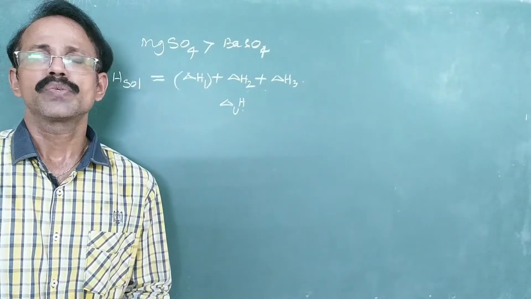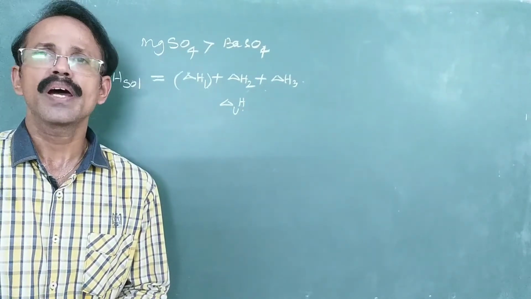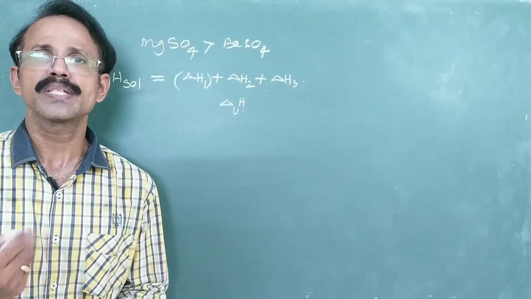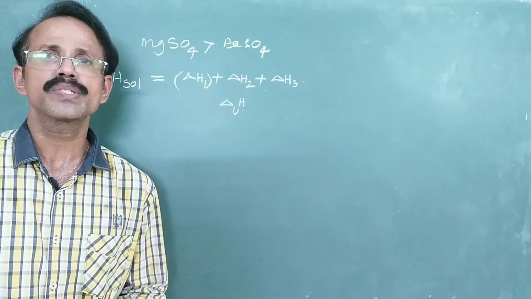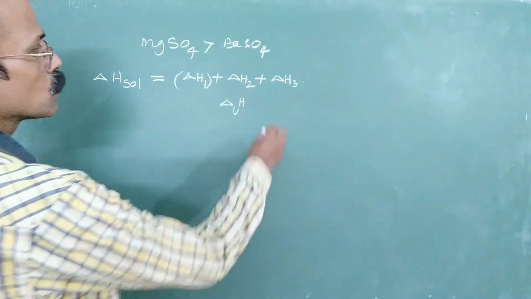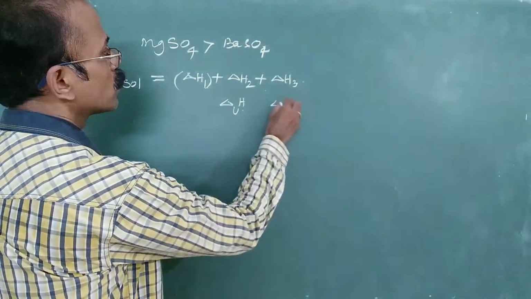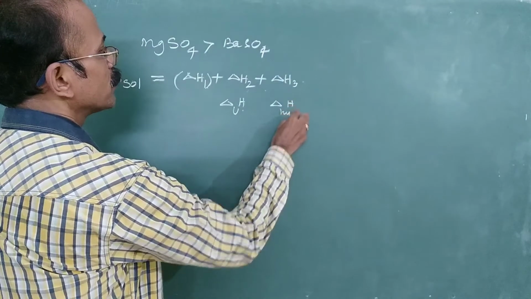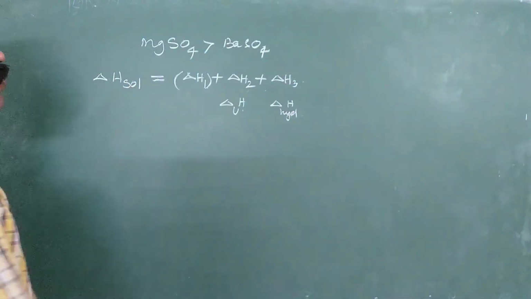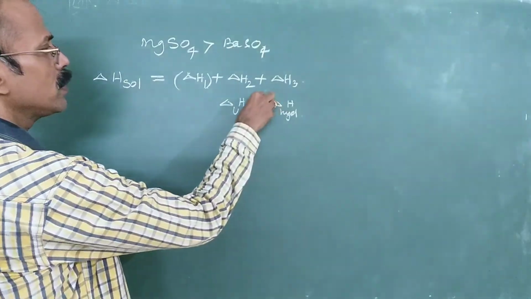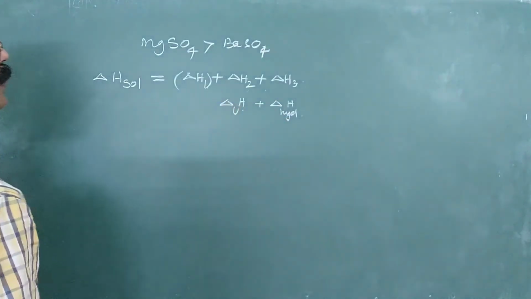When attractive forces are developed between ions and water molecules, energy is released, and that energy change is known as hydration enthalpy, right? So the overall enthalpy change is now equal to the hydration enthalpy and lattice enthalpy.